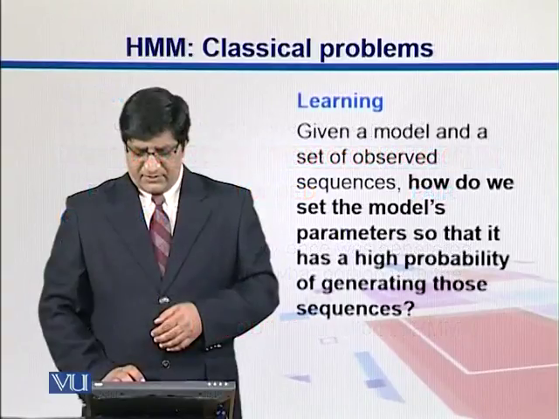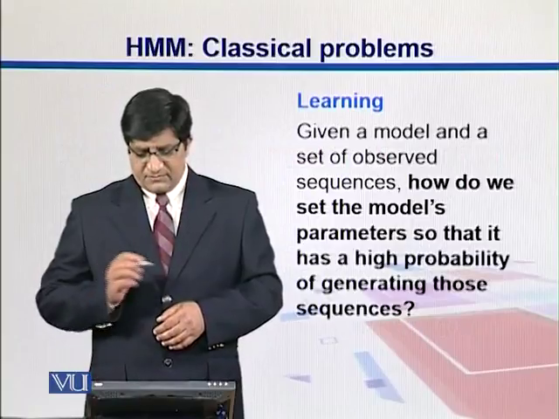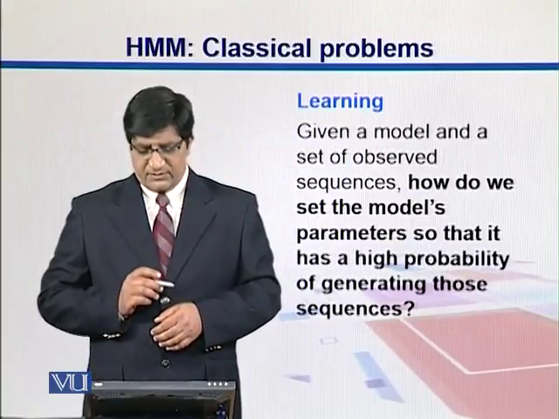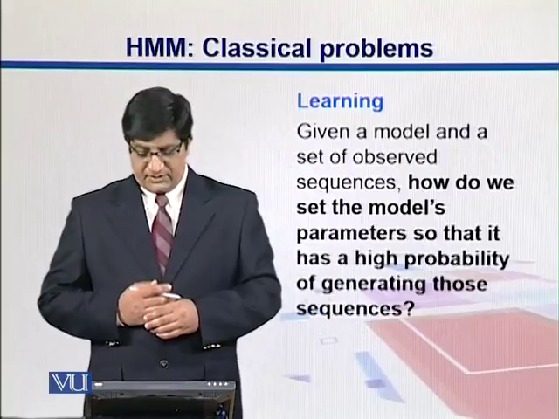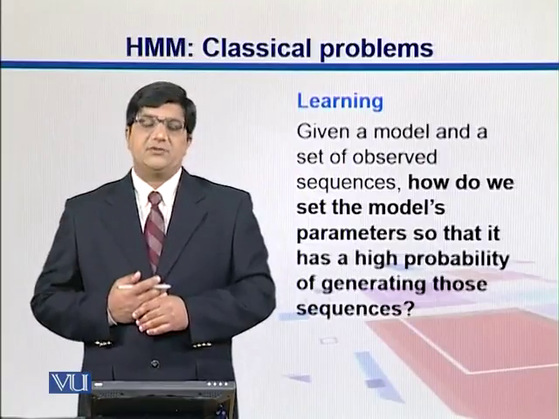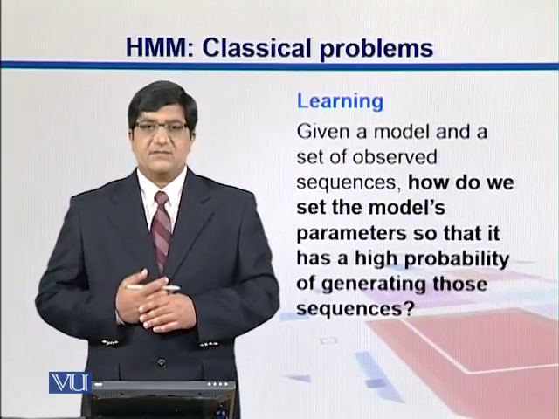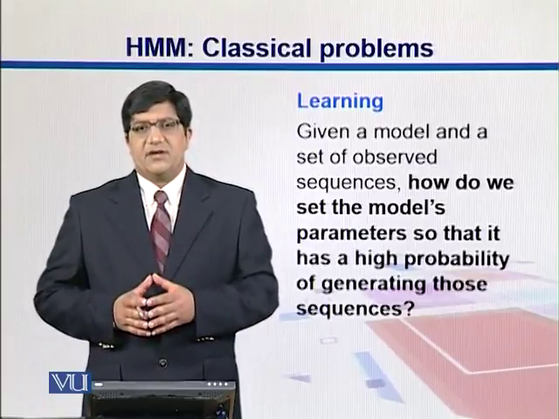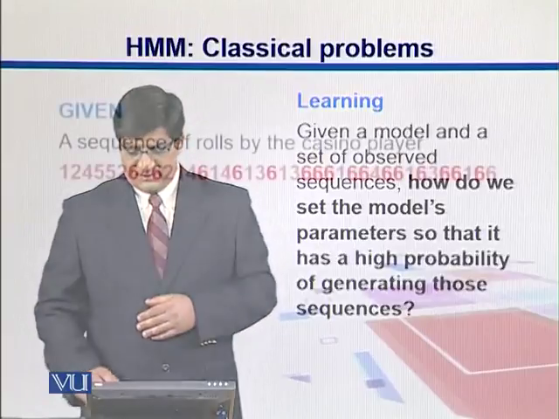Learning is when you are given a model and a set of observed sequences. How do we set the model's parameters so that it has a high probability of generating those sequences? It's kind of playing with the parameters to get the maximum outputs.